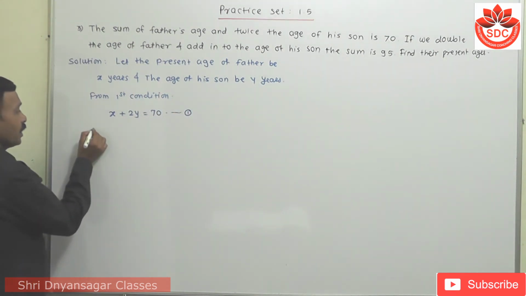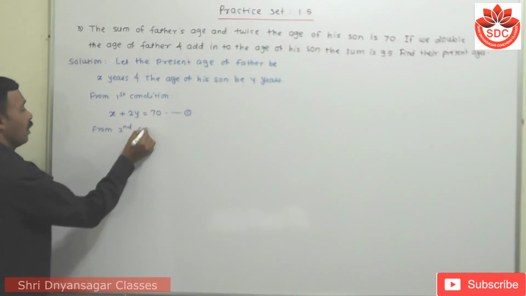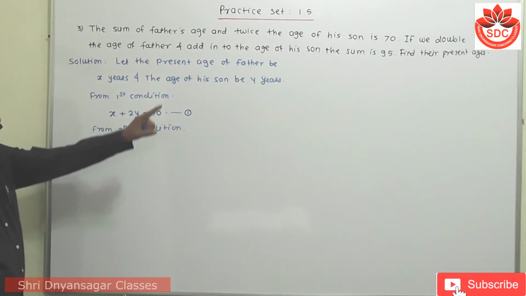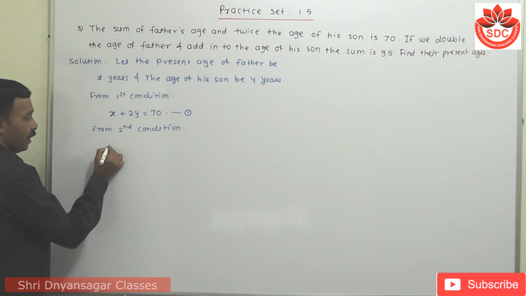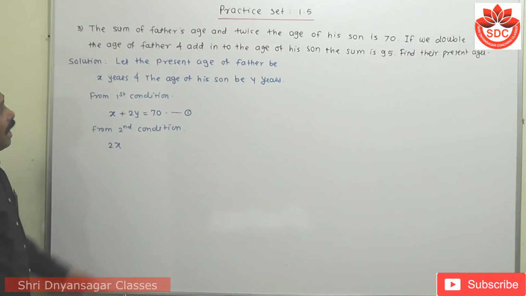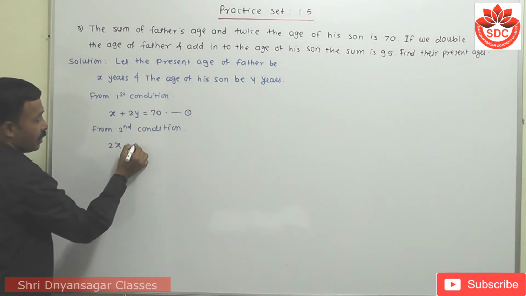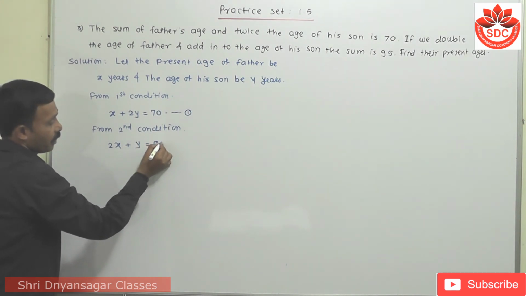Now from second condition, what is this condition? If we double the age of father, twice X, and add the son's age, Y years, at that time their addition becomes how much? 95.